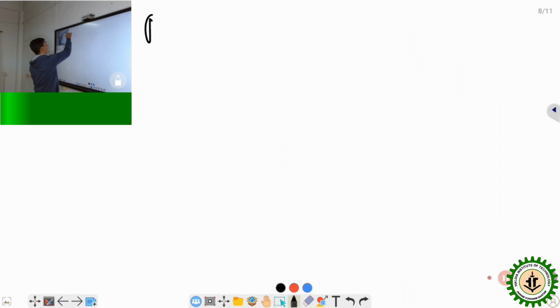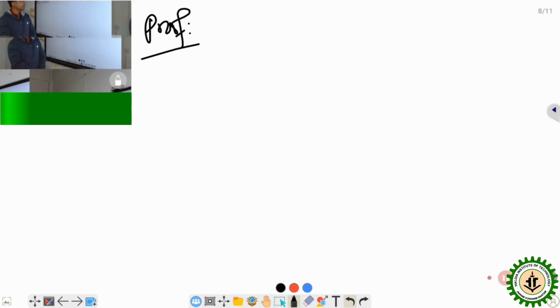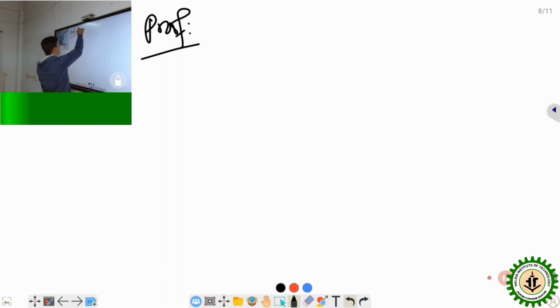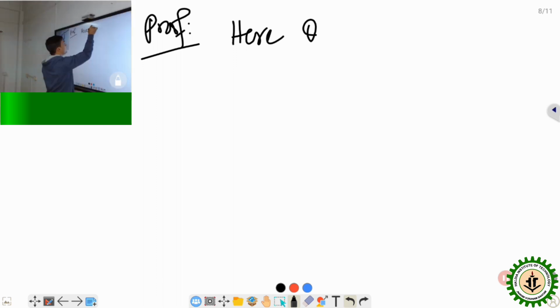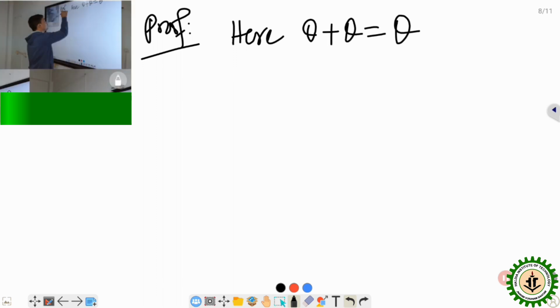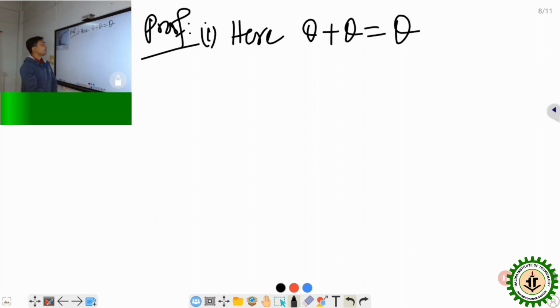Now, we know that theta and theta dash are both null vectors in V and W respectively. So we can write that theta plus theta is equal to theta, because the addition of two null vectors is again a null vector.